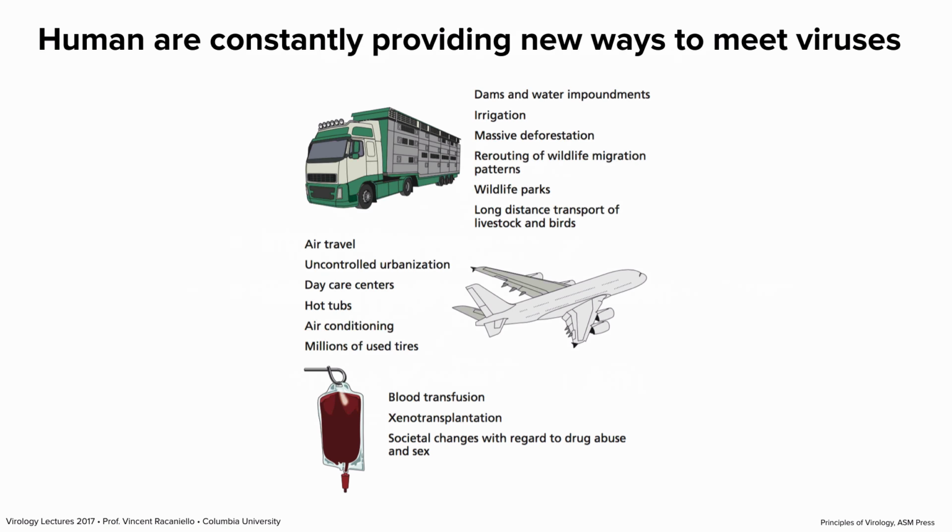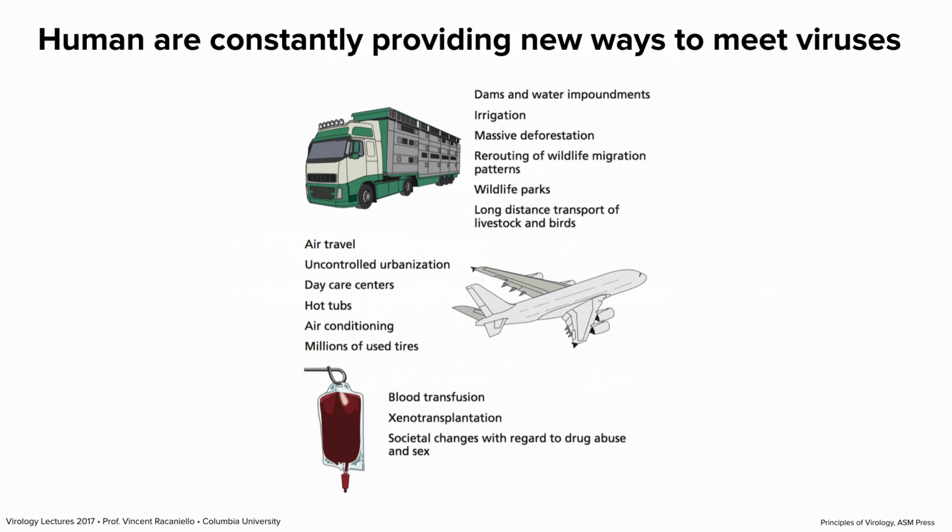Air conditioning, the aerosolation of fluids that are contaminated. Used tires to spread mosquitoes, as we've talked about before. And then we have medical procedures like blood transfusions, where we've transmitted very many viruses over the years until we discovered them. Xenotransplantation. This is using animal parts to replace parts of people, typically like a heart valve.